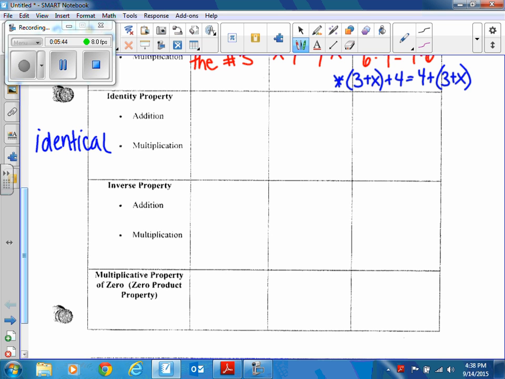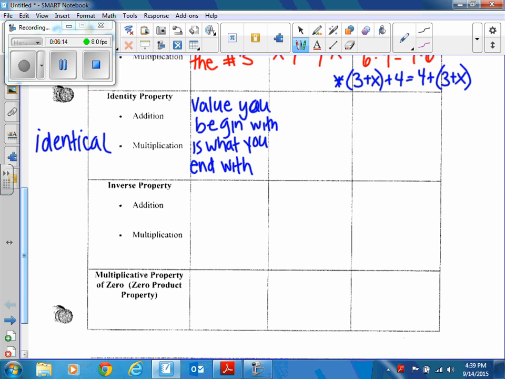Because what you start with is what you end with. So whatever value you begin with, the value that you begin with is what you end with.